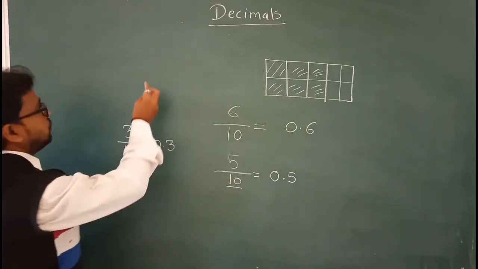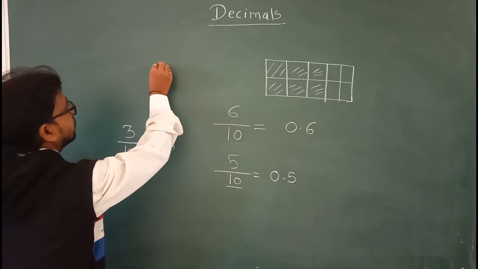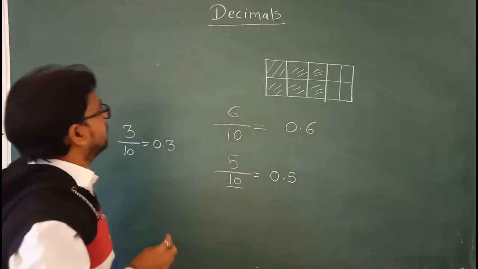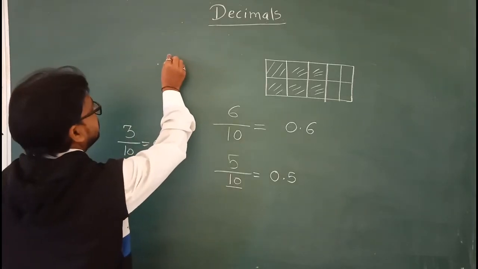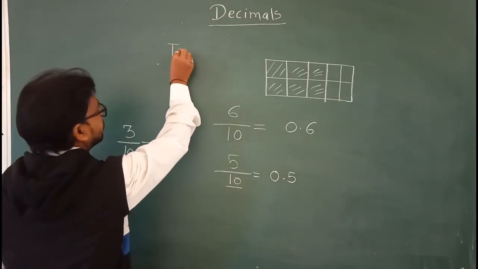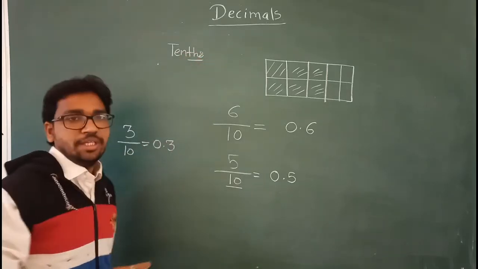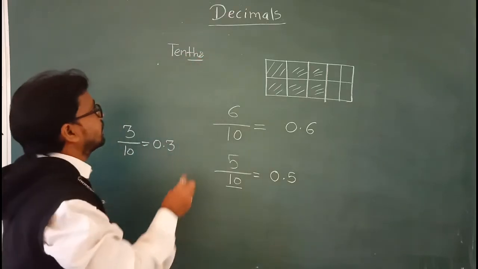Because in a place value chart, to the right of the decimal there is the tens place, tenths.